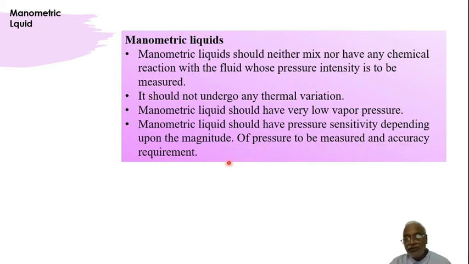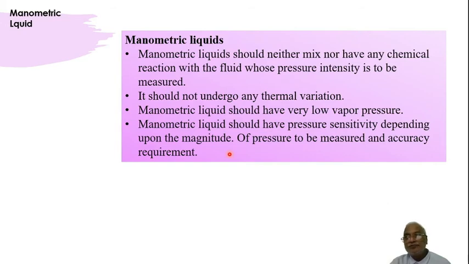If a high pressure is to be measured, then mercury would be better. If there is a low pressure measurement, then it would be better to use a manometric liquid having specific gravity less than 1.